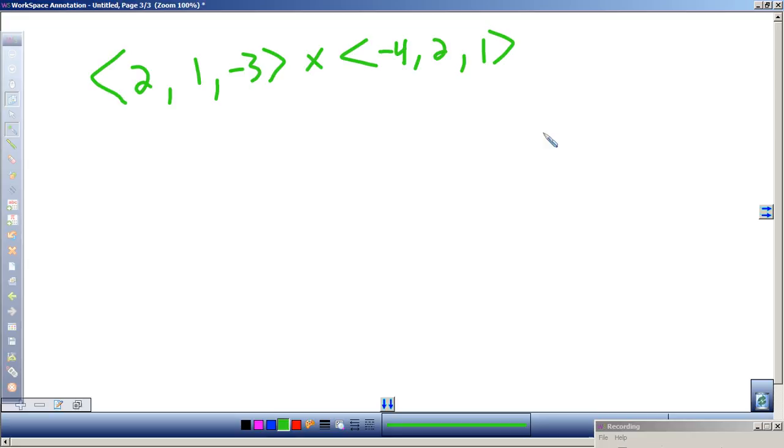Which way do you want to do it, the determinant or just using the big formula? For the first one, we're taking i times, I'm just putting i first so I don't forget it. What goes inside?